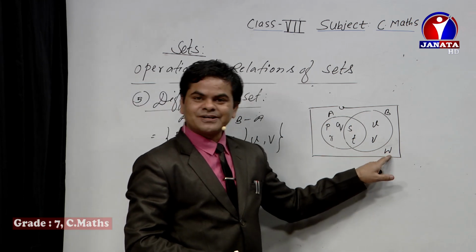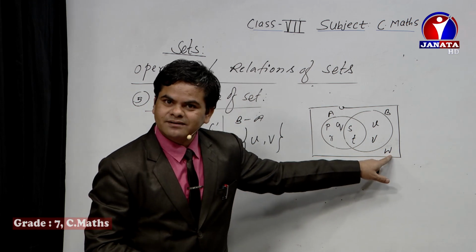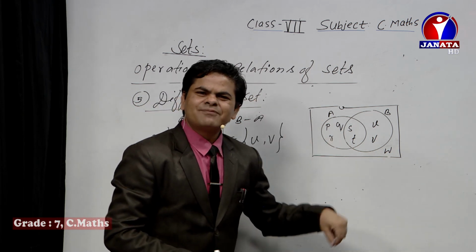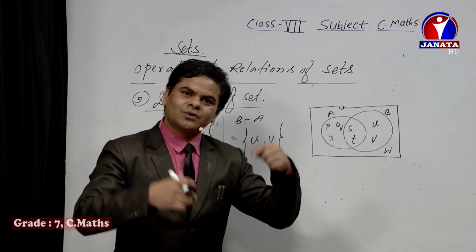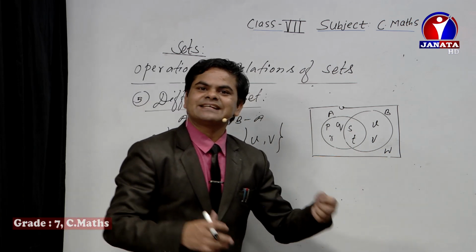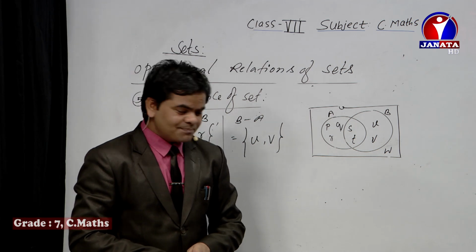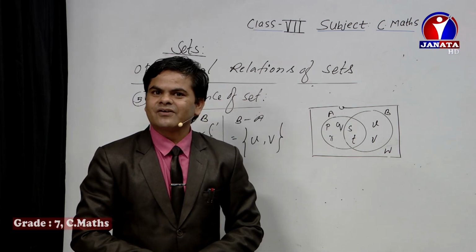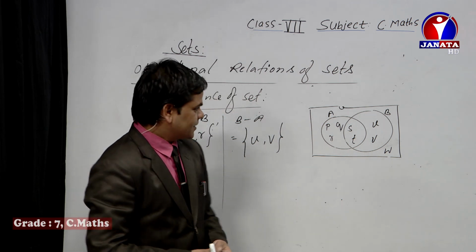And W, dear students, as per the Venn diagram, W is a person who never likes apple as well as banana, although it is free of cost. Even if it is free of cost, W won't like to have it. It means he or she may want to have other fruits, dear students.